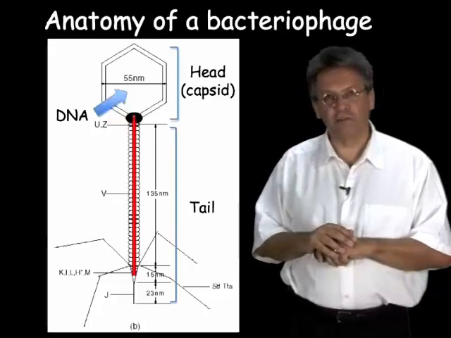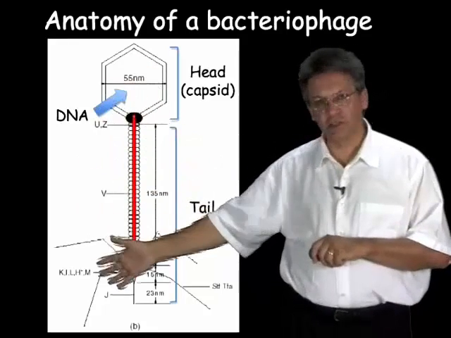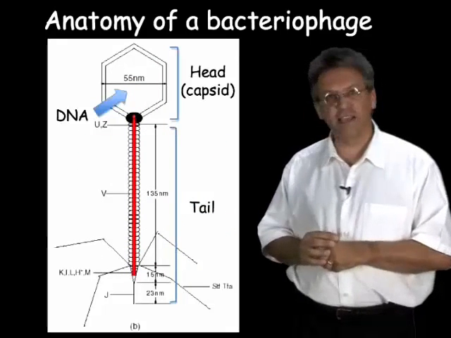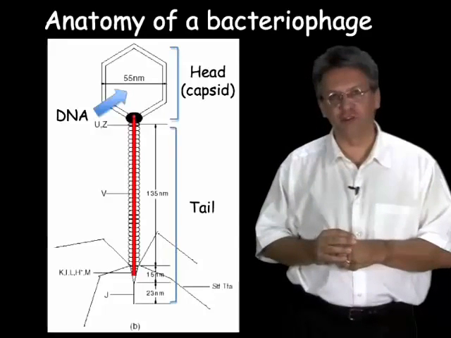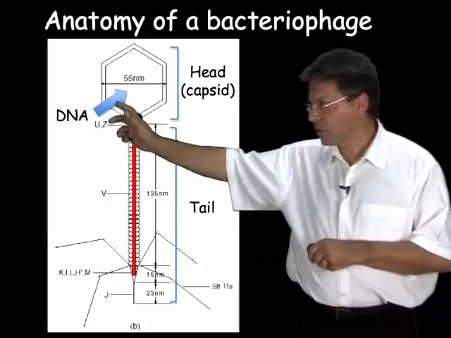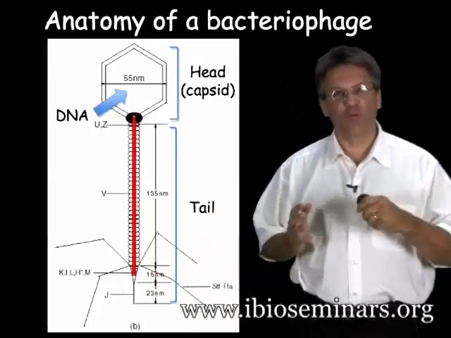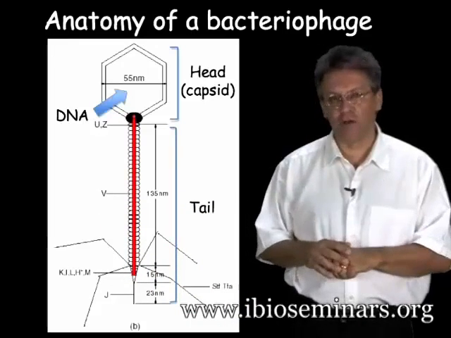During the process of infection, the structures that we see, principally made up of protein components, stay on the outside of the cell, and the DNA, or the genetic information, is what passes from the head through the tail into the cell and then reprograms that cell in order to make more copies of the virus.